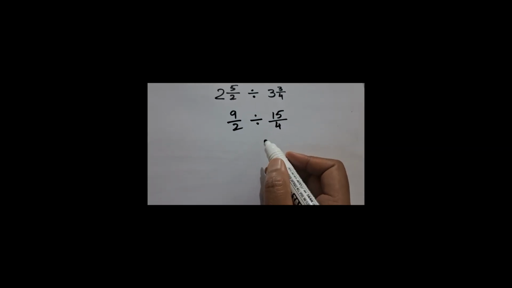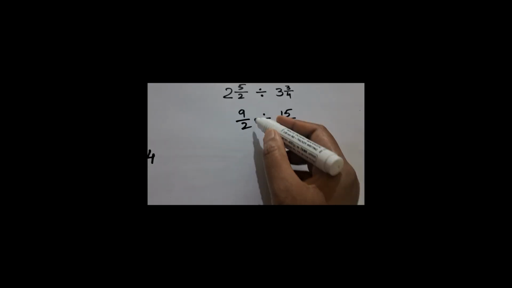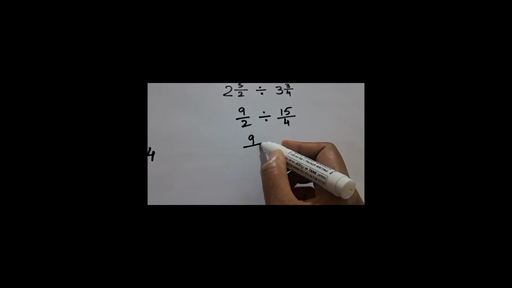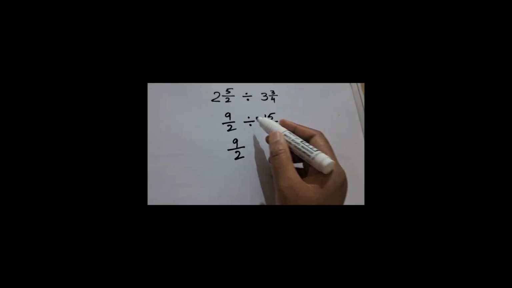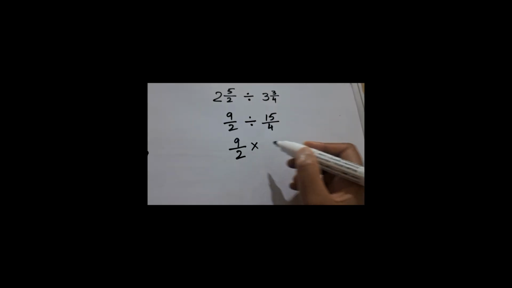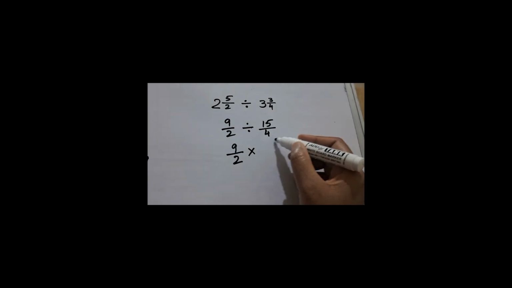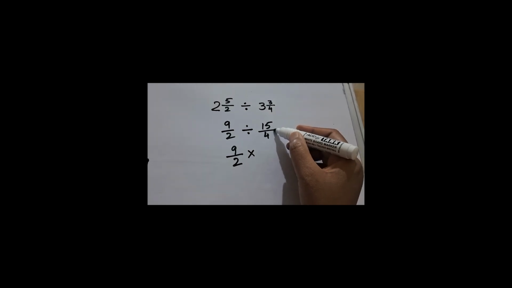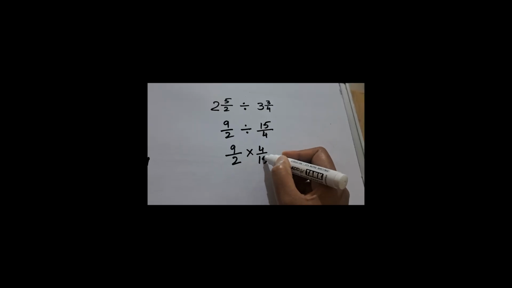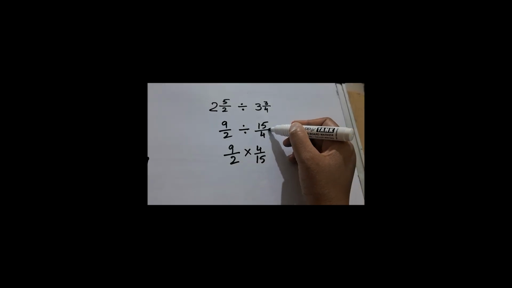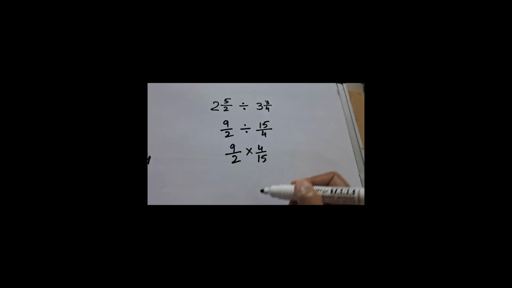Now what we need to do is, next we'll write this fraction as it is, 9 by 2, and this division sign we will convert into a multiplication sign, and for this fraction we will write its multiplicative inverse, that is 4 by 15. The multiplicative inverse of 15 by 4 is 4 by 15.